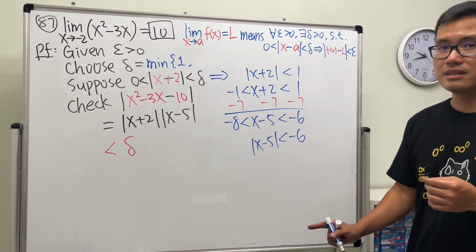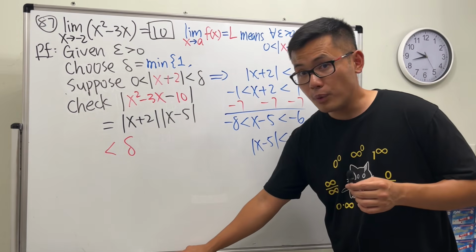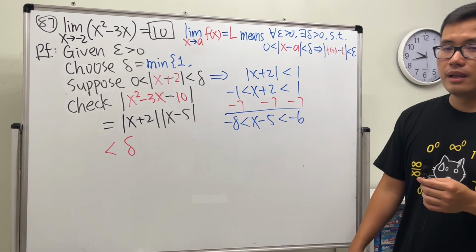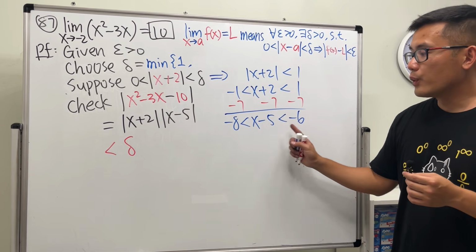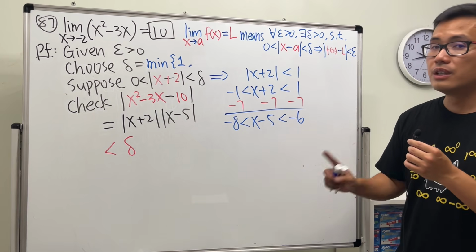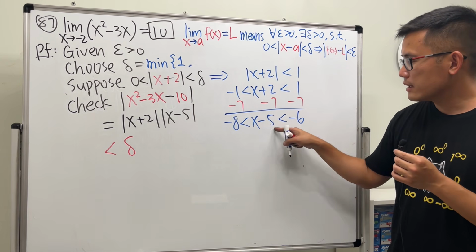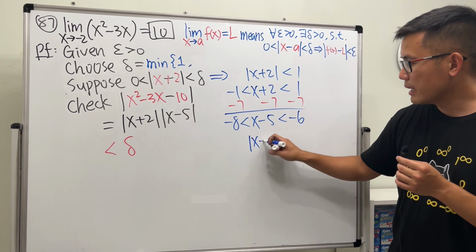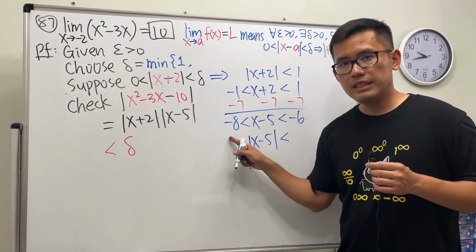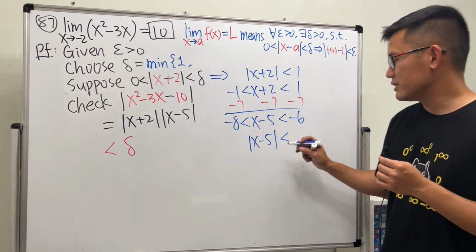But the deal is, remember what I told you guys earlier? We are looking at which number has a bigger absolute value. I'm not talking about which number is bigger. So just do absolute value of x minus 5 less than the absolute value of -8, which is just an 8.